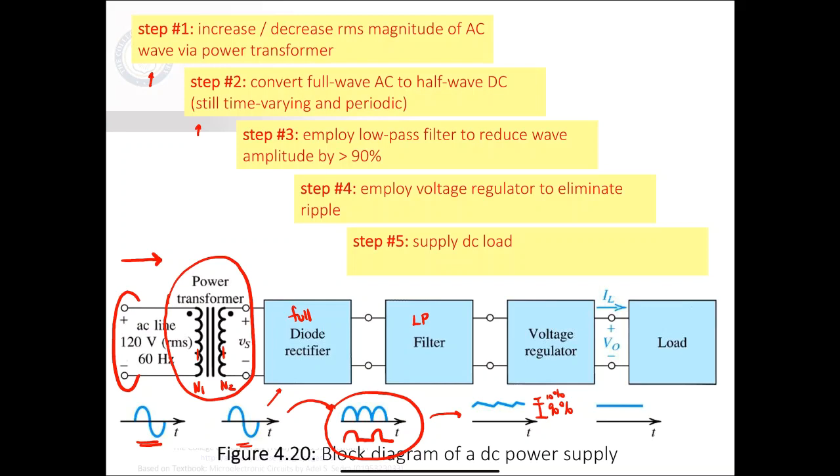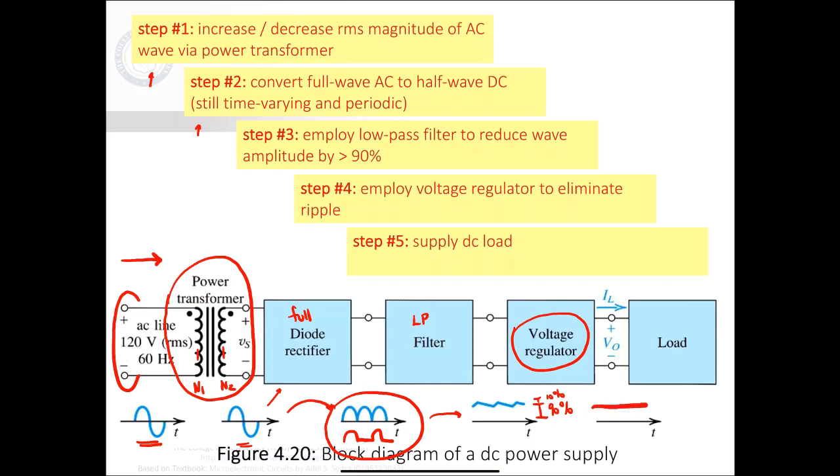Now, the last piece of this is the voltage regulator, which is essentially what we looked at in that last example from last class. That takes us the rest of the way to completion. So hopefully it flattens out that 10% ripple and gives us something that's completely flat.